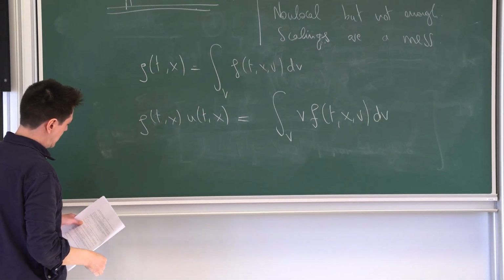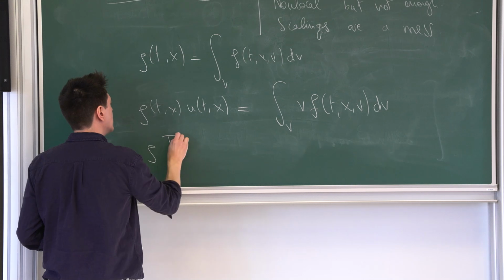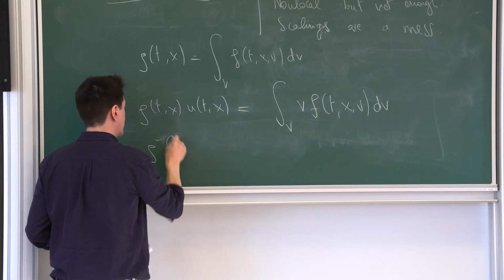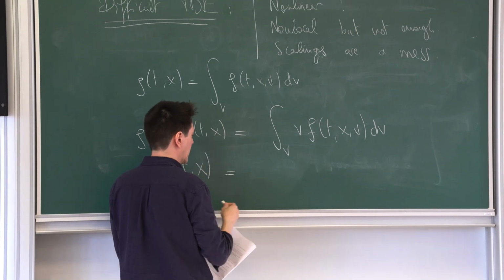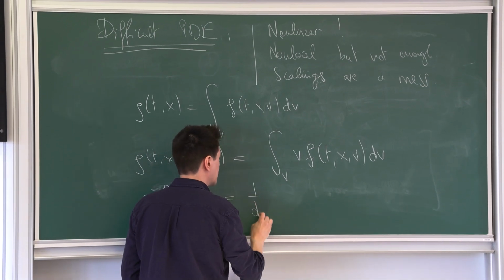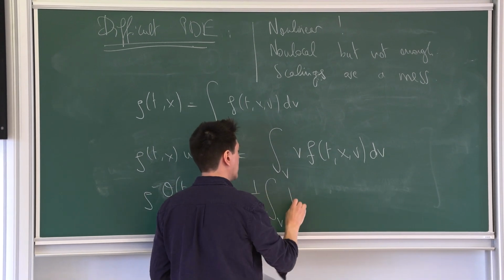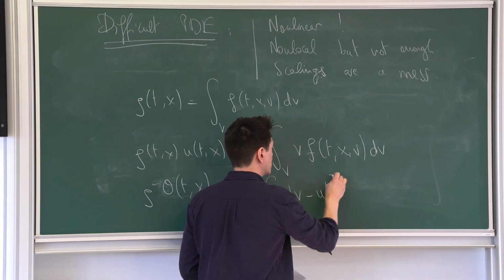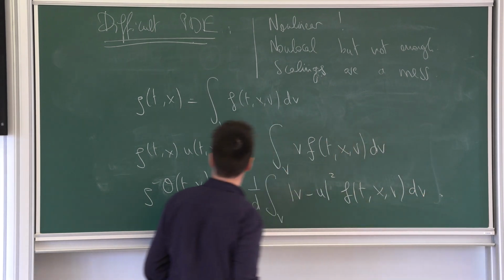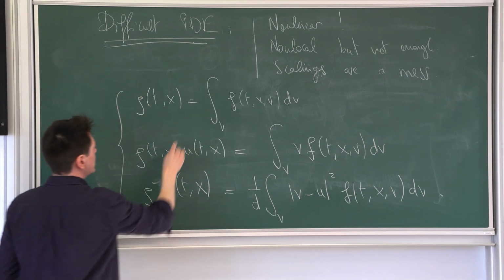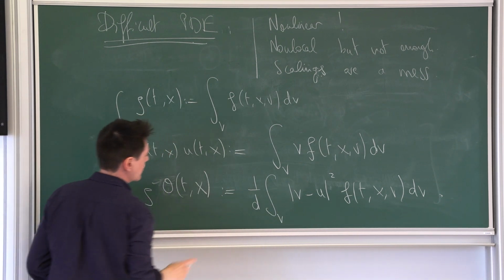And finally theta, to not confuse with time, being 1 over dimension, the integral in v of |v minus u| squared f(t,x,v). So you just define these three things.